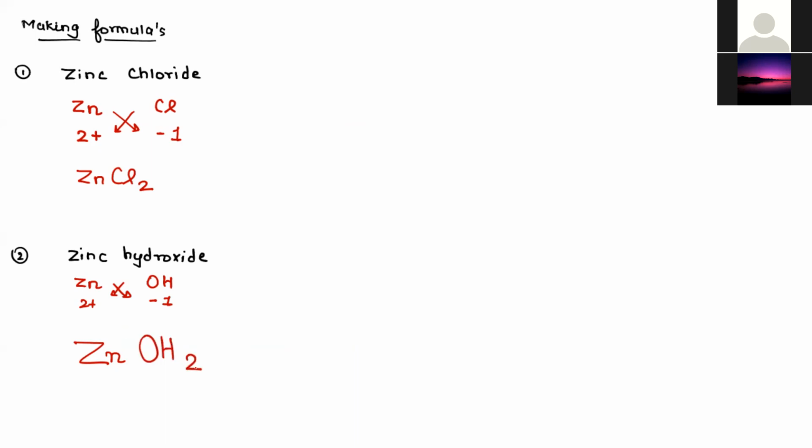If we write OH2, this means that hydrogen is 2, but over here the overall OH is 2. That is why we need to put a bracket. So my formula becomes Zn(OH)2. This is zinc hydroxide.